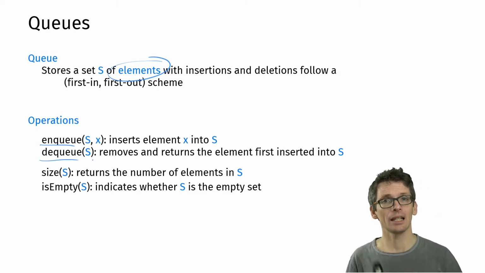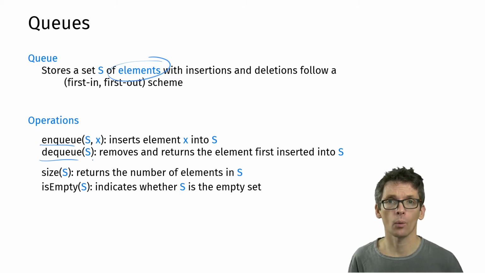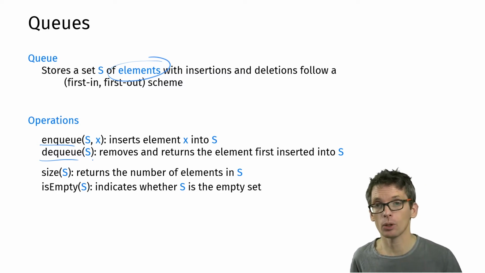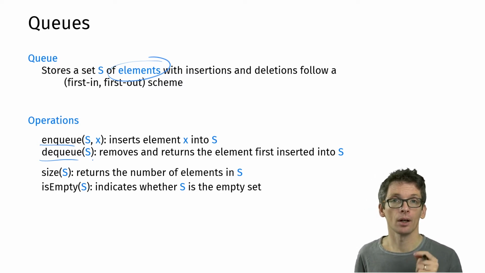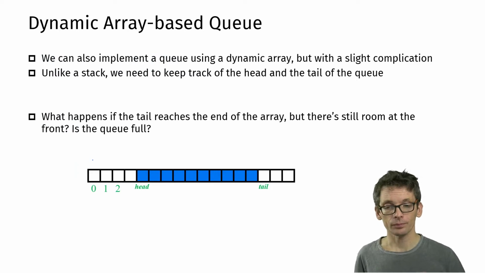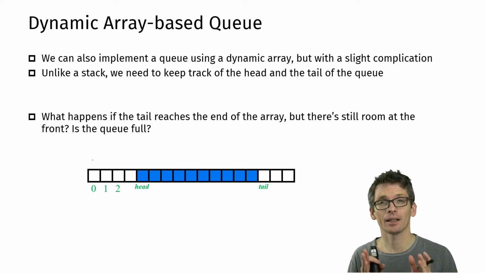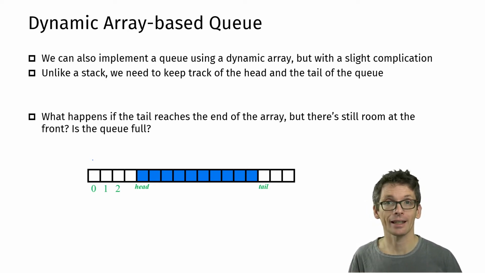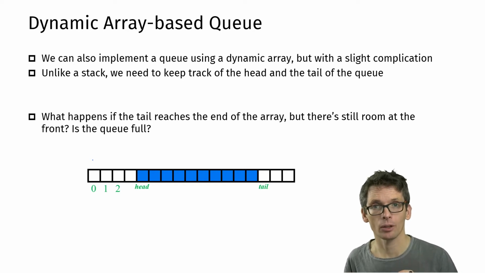So let's see how it works with what we already know. And what we already know are dynamic arrays. So dynamic arrays can actually be used to implement queues. But we have to be a bit careful. So imagine we're using an array, and let's say a dynamic array, to implement a queue.